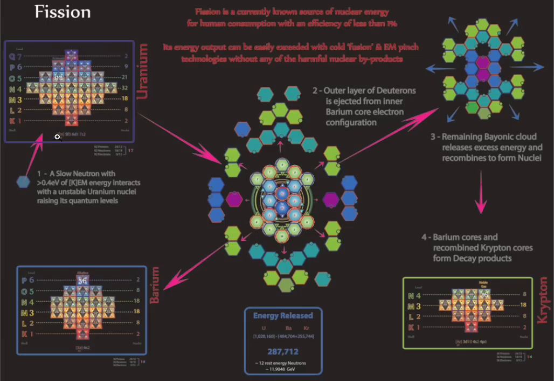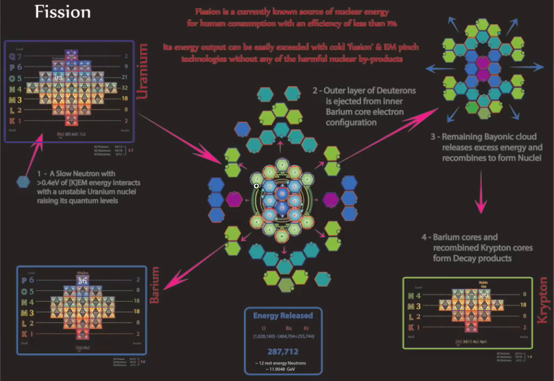What happens is, with the injection of a slow neutron, or a neutron with a low energy, a chem energy field, the neutron will slam into the unstable element, and the weakly bound valence nuclei, or the outer nuclei that aren't so tightly bound, fracture away, leaving the core electron configuration, which has much stronger binding energy.